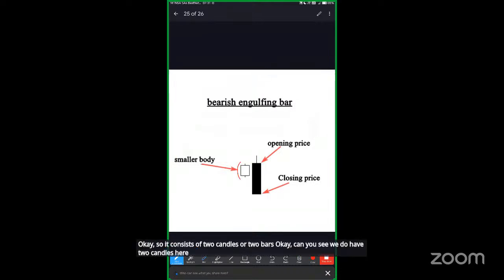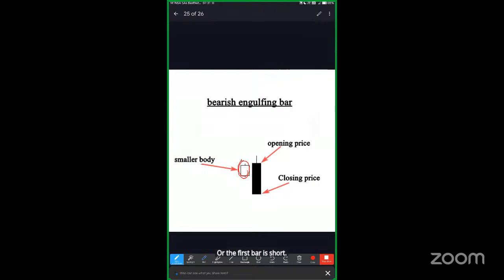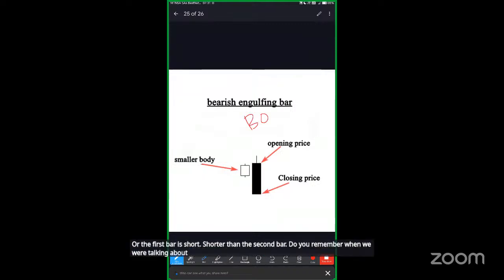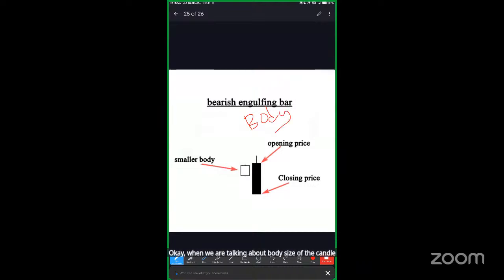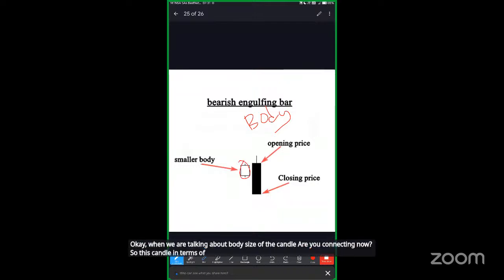You can see that the first bar is smaller, or shorter, than the second bar. Do you remember when we were talking about body sizes of the candle? Are you connecting now? So this candle, in terms of body size, is smaller compared to this one.